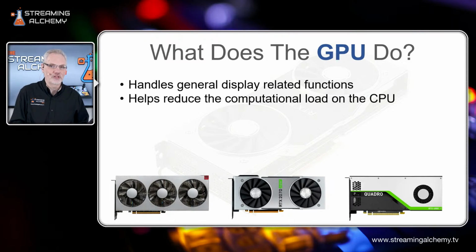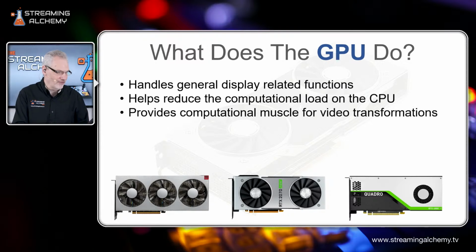And a lot of the computational things can actually handle some of the streaming, compositing, other types of video transformations that need to take place on the live streaming side. So it definitely makes a big difference there.